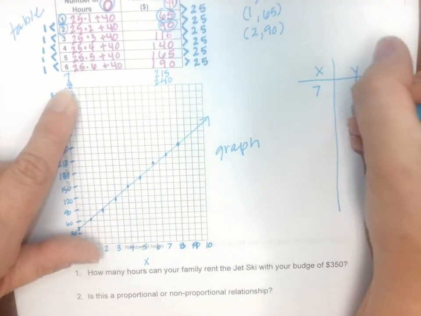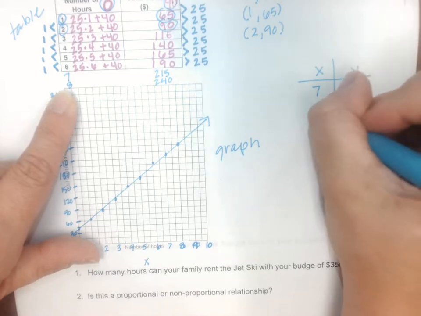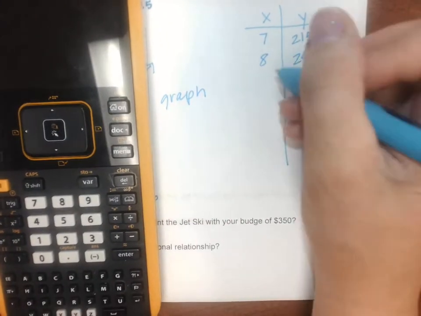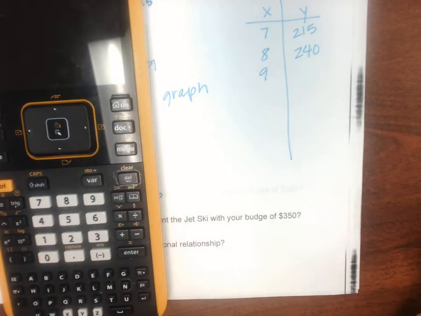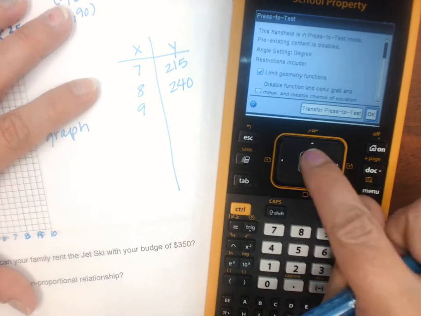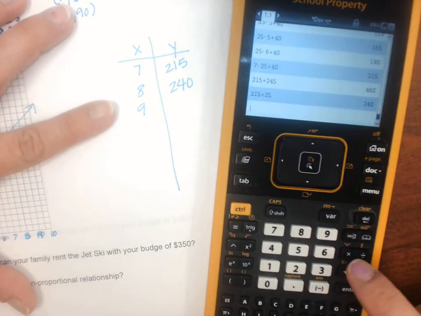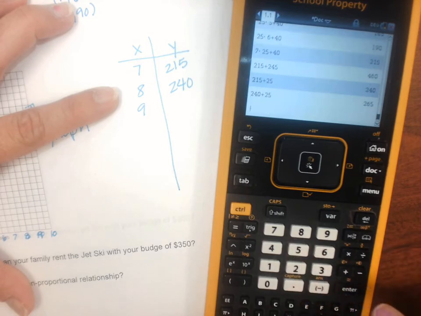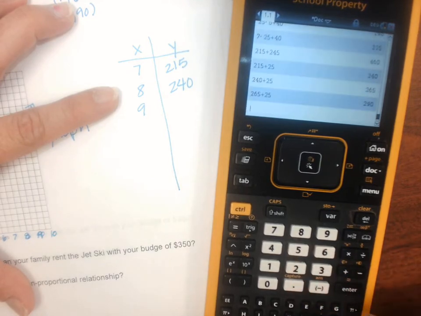So we said 7, 215, 8 was 240. So what I'm going to do is I'm just going to add 25 each time, right? Isn't that my pattern? I'm a horrible player. All right, so 240 plus 25 plus 25.